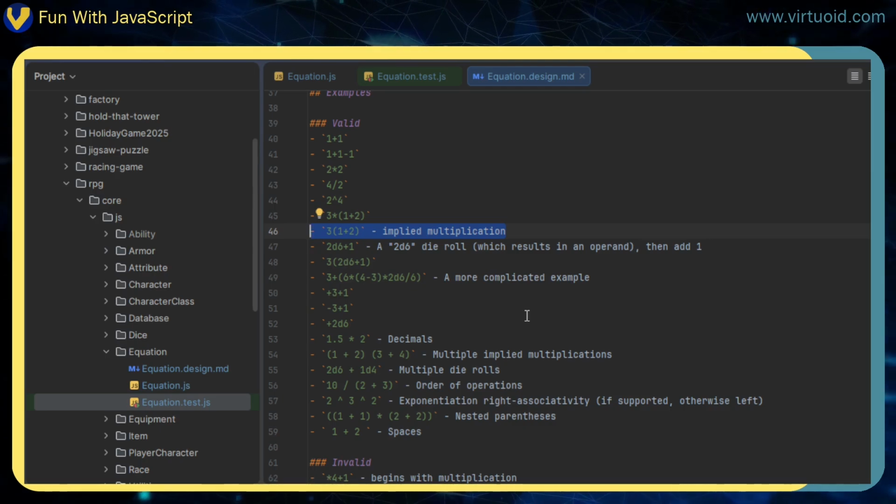Later on, we may implement that, but this allows me to make sure that my equations are correct and that there's no flakiness going along. So that's the only thing that I don't have implemented yet, these implied multiplication rules. But other than that, that's all there is to our equation class.